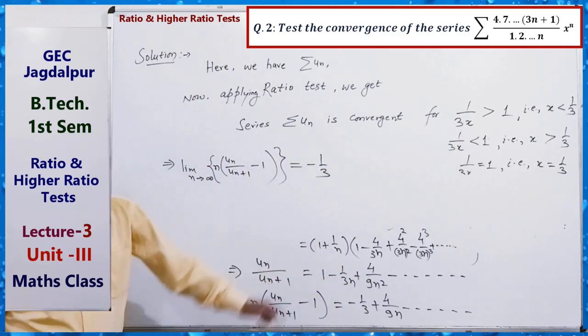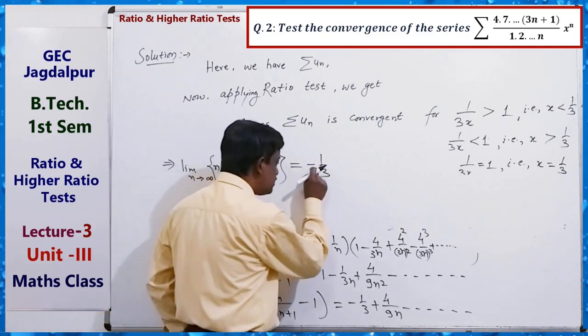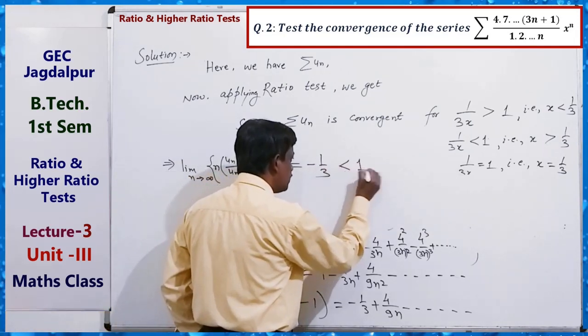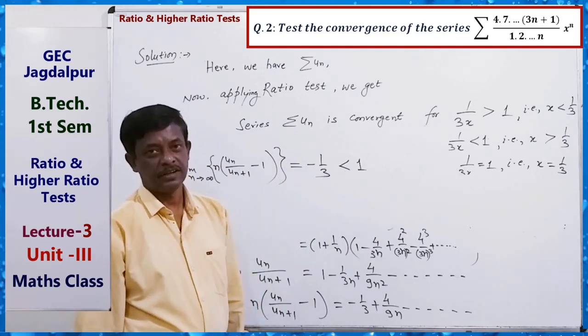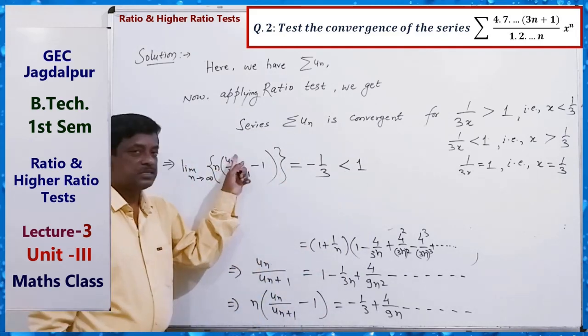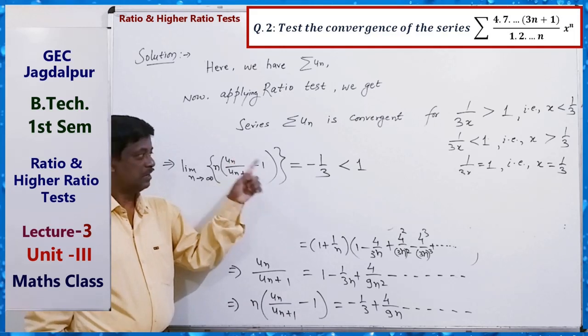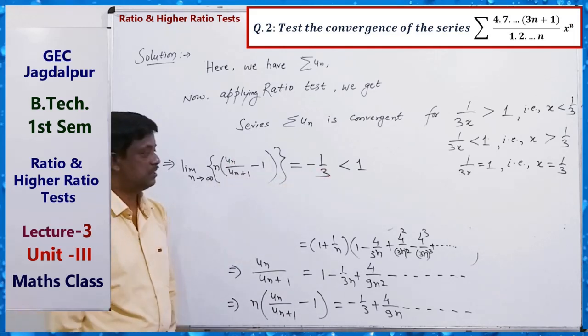Its limit is minus 1 by 3, which is a negative value, less than 1. And since the series u_n is in the upper side, less than 1 means divergent.